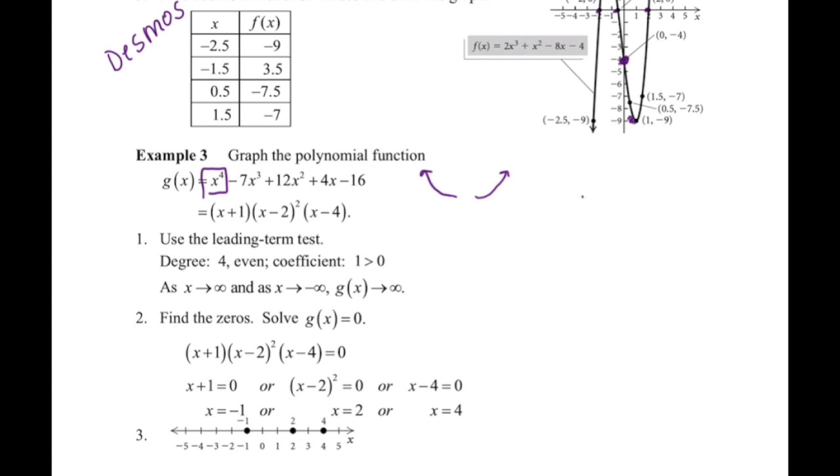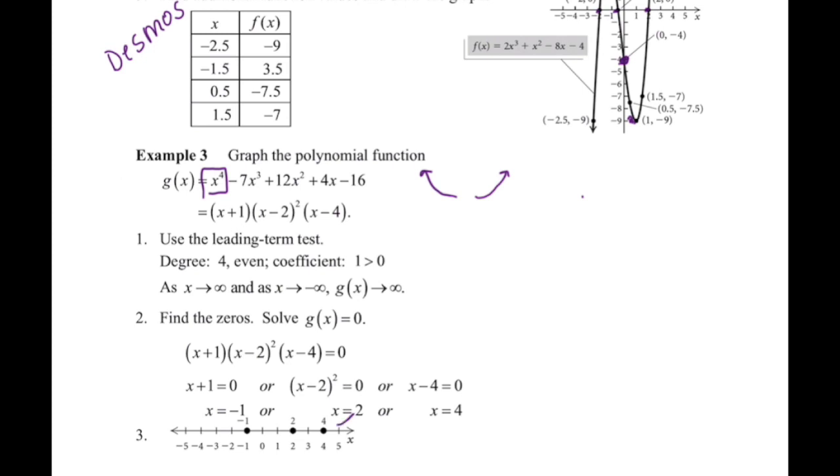Since it's already been factored for us, we can set each factored piece equal to 0. x plus 1 is 0, x minus 2 squared is 0, and x minus 4 is 0. When I solve them, I'll have x equal to -1, 2, and 4.